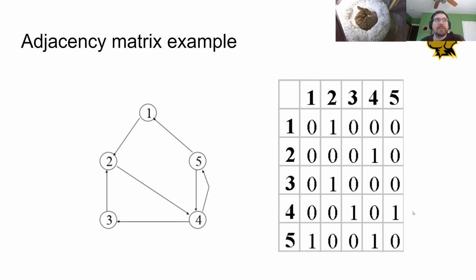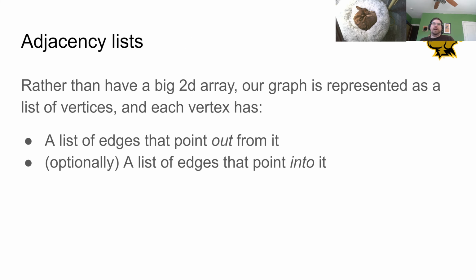It's however long this list is. What determines how long this list is? How many vertices are in the graph, right? If there's a lot of vertices, then this scan across here will take a long time. So that means that the performance of get neighbors is V. It's just however many vertices there are in the graph.